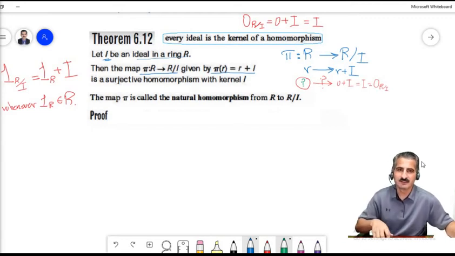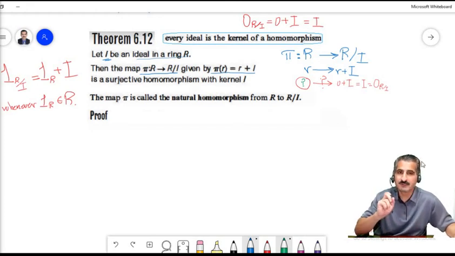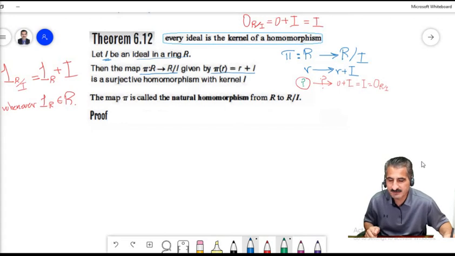Again, pi takes an element from the ring R to R over I, taking an element to its coset. Now my question is, what element will go to the 0 coset? So the question again, what are the elements of the ring R that have I as their coset?